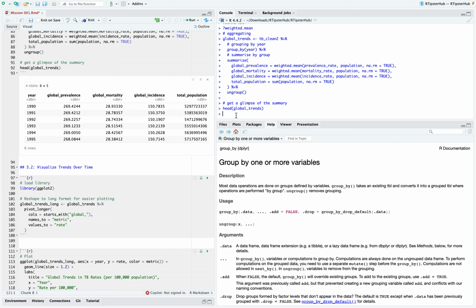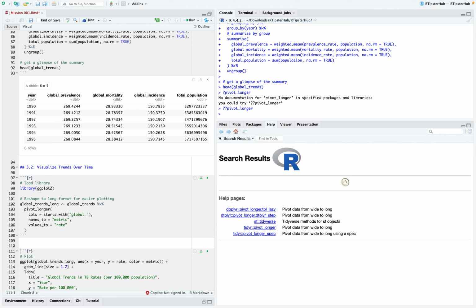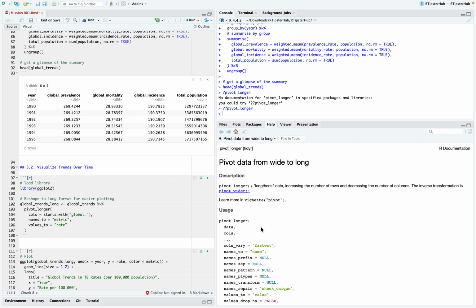So what is pivot longer? Let's use this one.